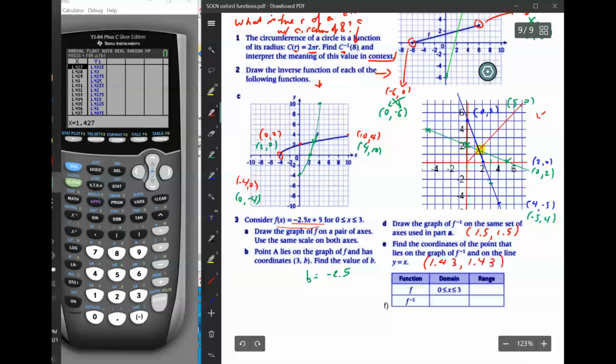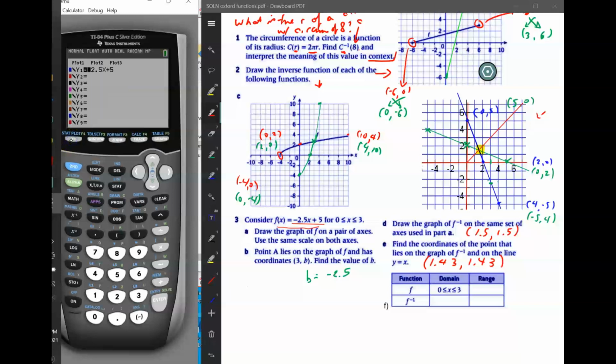How could you use the calculator to find the exact value? What you would do is say, okay, where does this blue line cross the red line? And the red line is y equals x, right? And then I'm just going to do a graph. It's going to draw the blue line and the red line.